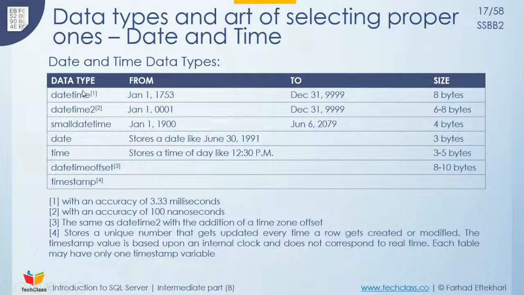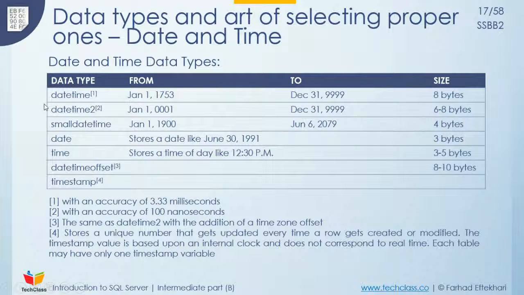And the difference between datetime and datetime2 is two things. First, this span and limitation, and the other is their accuracy. For datetime, the accuracy is 3.33 milliseconds, but for datetime2, the accuracy is 100 nanoseconds.